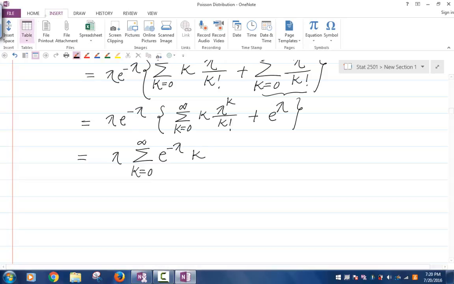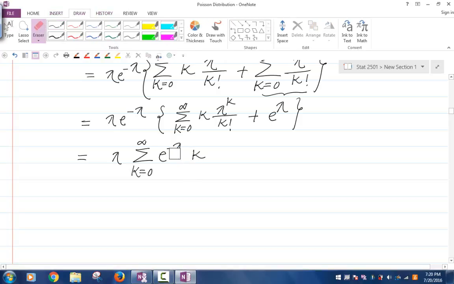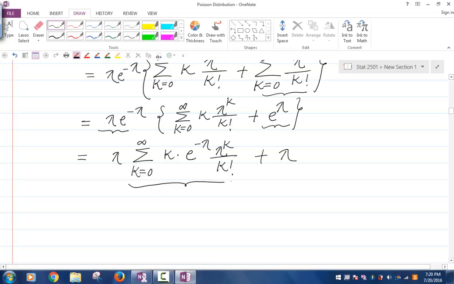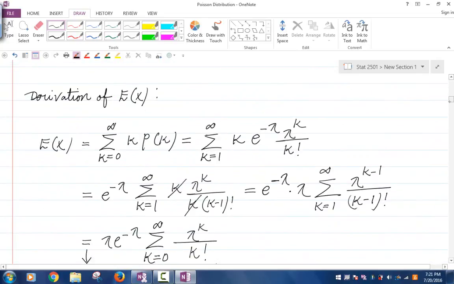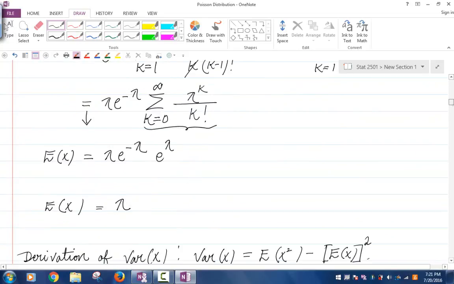Let me write it this way: k first, and then e to the negative lambda, lambda to the k over k factorial, plus, when I multiply lambda, e to the minus lambda and e to the lambda, I'm going to get lambda. Now notice what this sum is. If you look back, it is exactly the expectation of x, and we already know that the expectation of x is lambda.